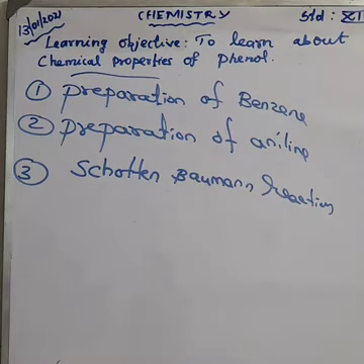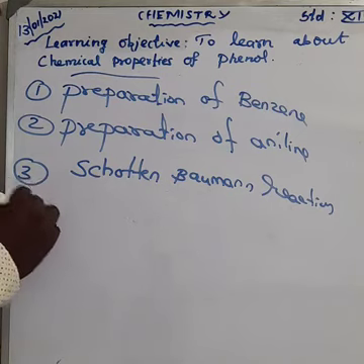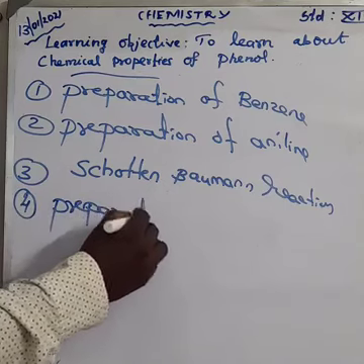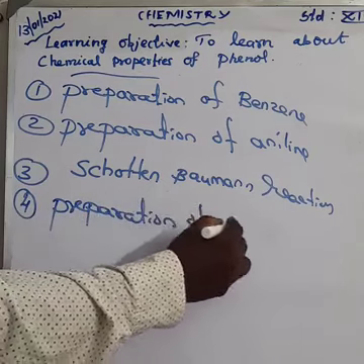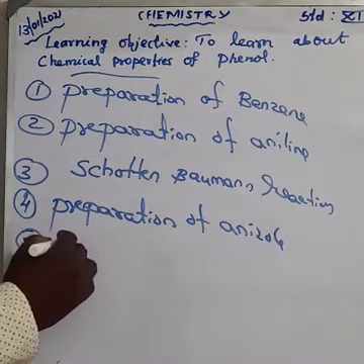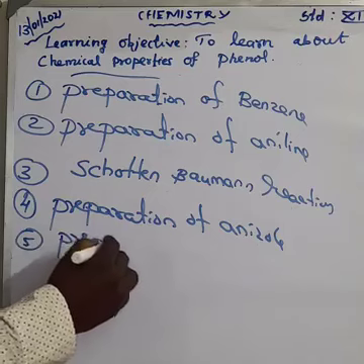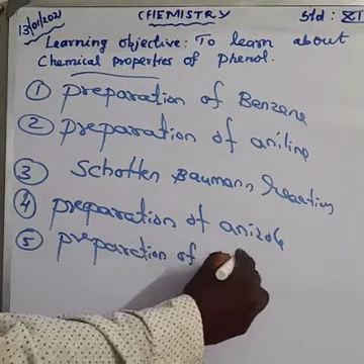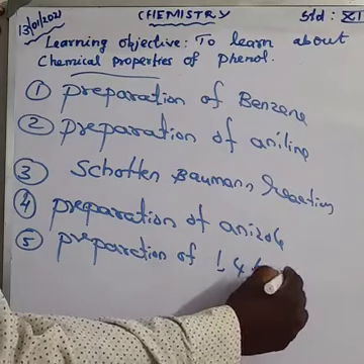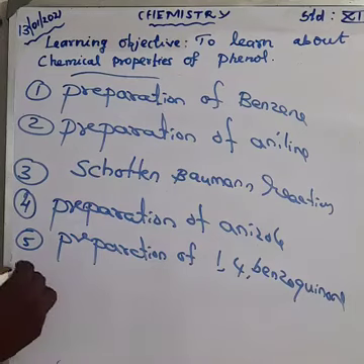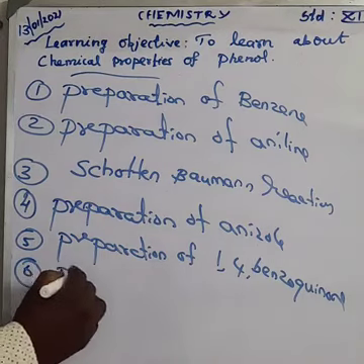Okay, next one is about the ether group. That is about the anisole. The fifth one is about the preparation of 1,4 benzoquinone. The last one is cyclohexanol.